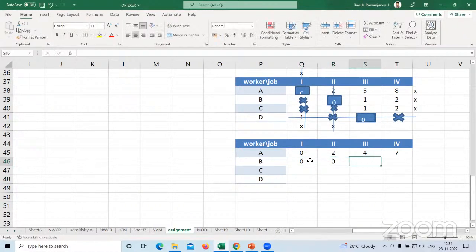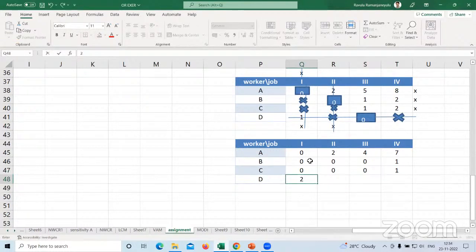Here we subtract 1 minus 1, again 0. Here it is 1. Here also the same 0, there is no change. 0, no change. 0. Also 1. 0. It is 1. Next, here there is a change. Here we need to add 1, so it becomes 2. Here 1. Here it is 0. Here it is 0.